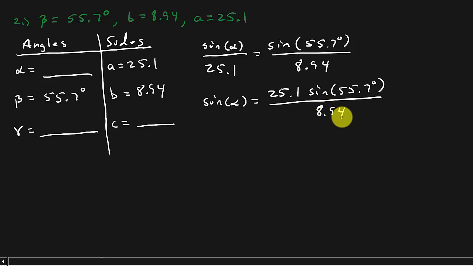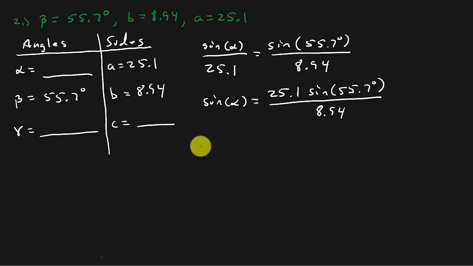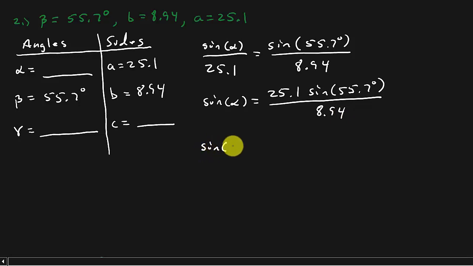And so what does that give me? That gives me sine alpha is equal to 2.3184379. Okay, so there's sine alpha.